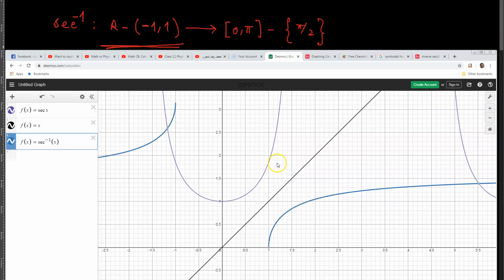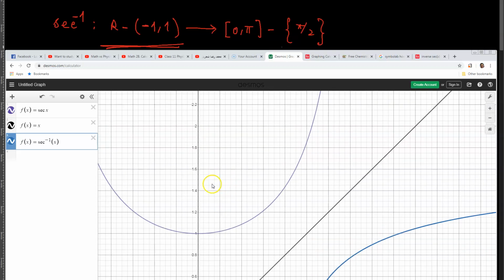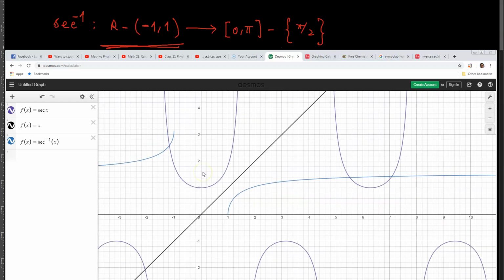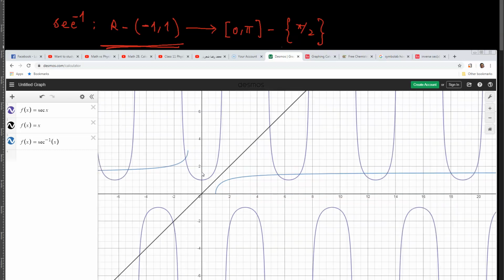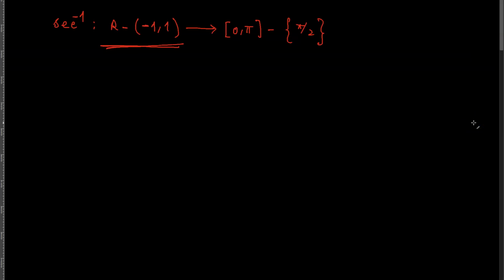So if this is 1.4, this is 1.6, it's some point over here, which is not a part of the range of your function. So that is that basically.